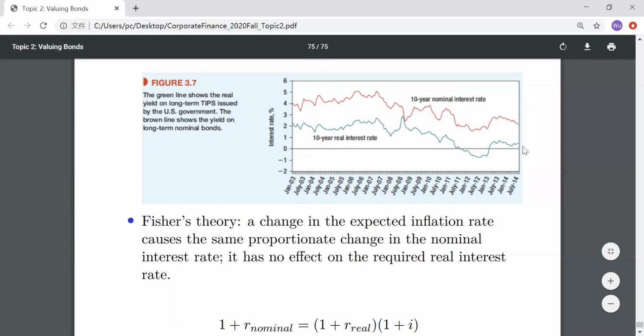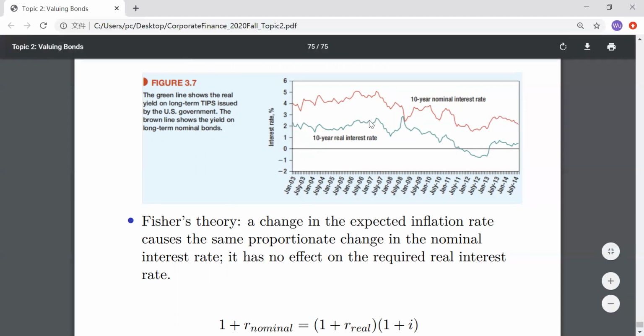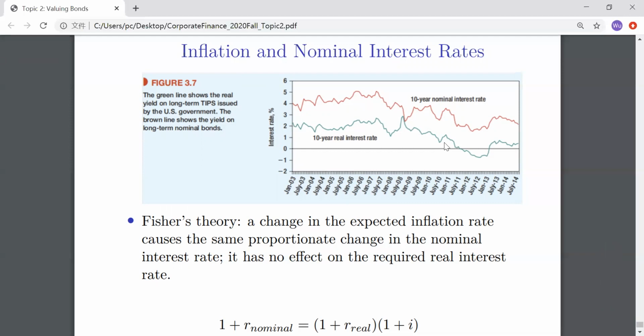The reason is that usually the Federal Reserve or central bank has a target inflation rate for a period of time. Therefore, they need to target this inflation rate by adjusting the nominal interest rate. So you can see the gap between the nominal interest rate and the real interest rate is in general stable, because the target inflation rate is in general stable.